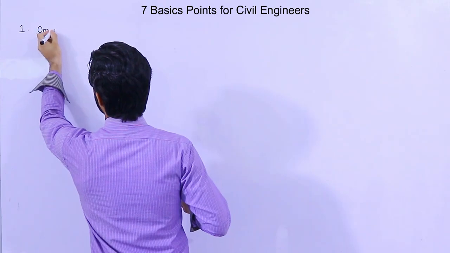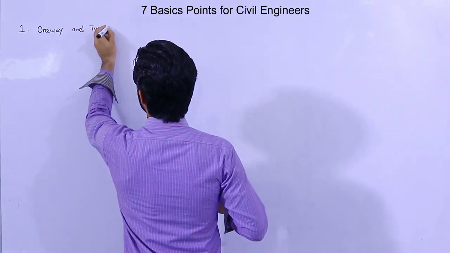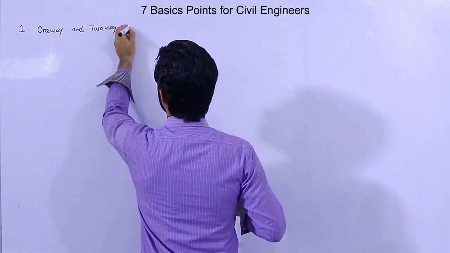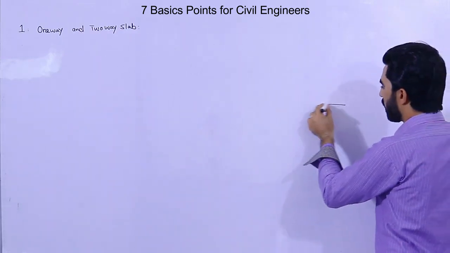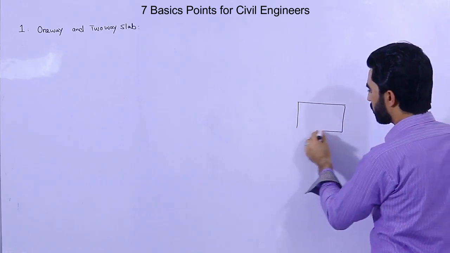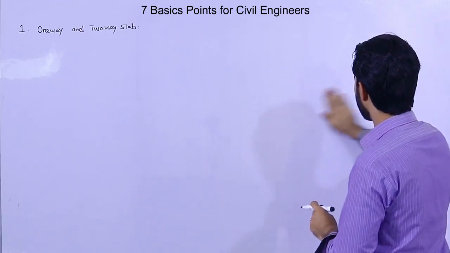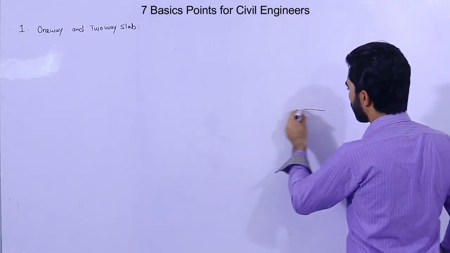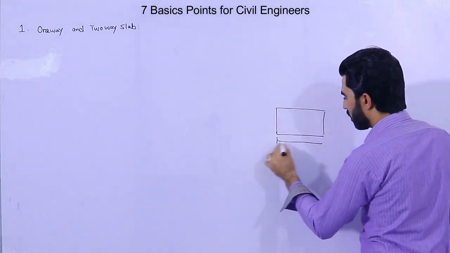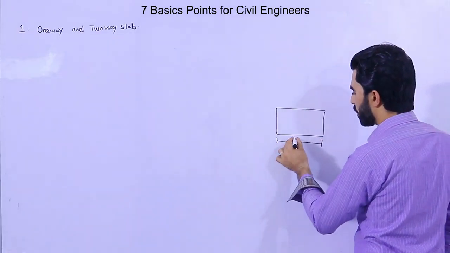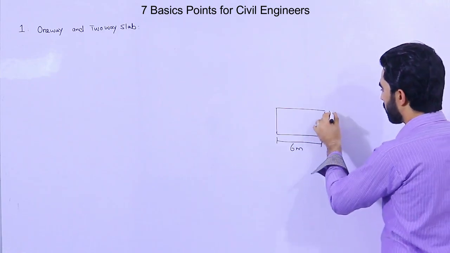Remember guys, suppose this is a slab, and this is its longer span, which is for example 6 meter, and this is the shorter span, which is considered the width.